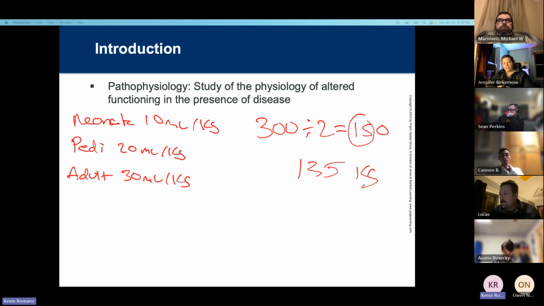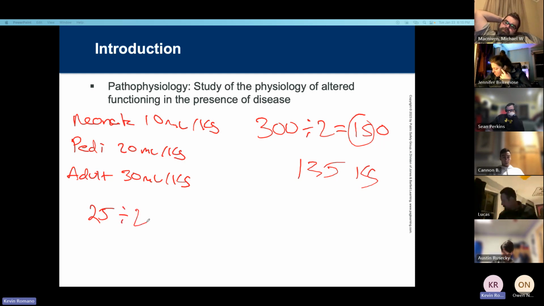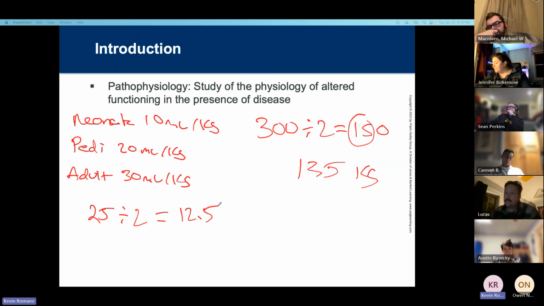All right. I have a pediatric that weighs 25 pounds. Divide that by 2, equals what? What do you guys have for numbers? 12.5. Okay. 10% is the first number here. It's 11.5. So 11 kilograms.